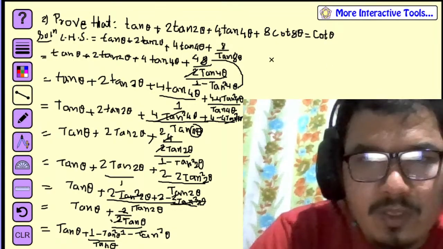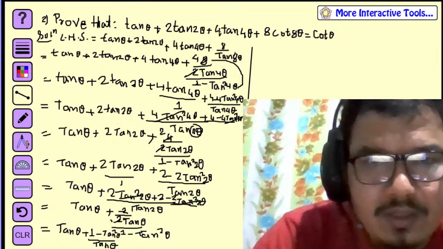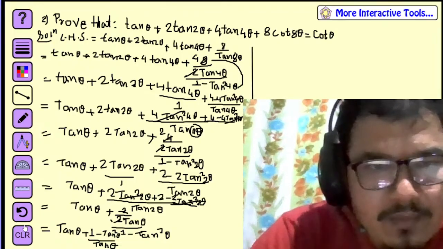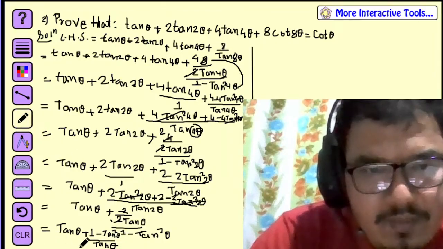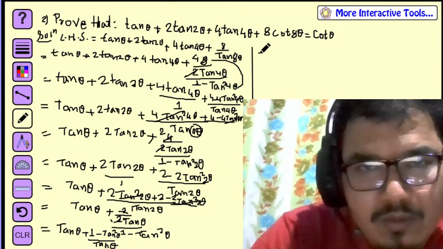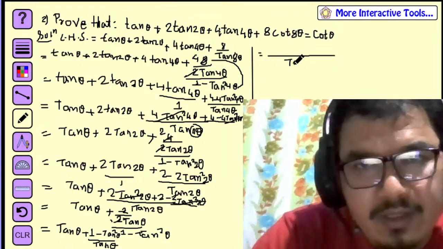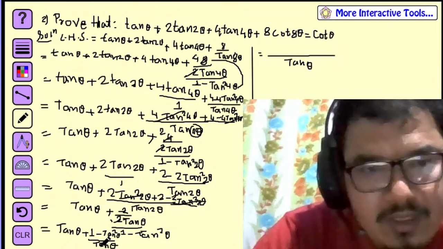Now here we take the LCM. I want to draw one line here and separate this piece. If you take the LCM here, it is tan theta. This tan theta will multiply this tan theta because its denominator is 1.